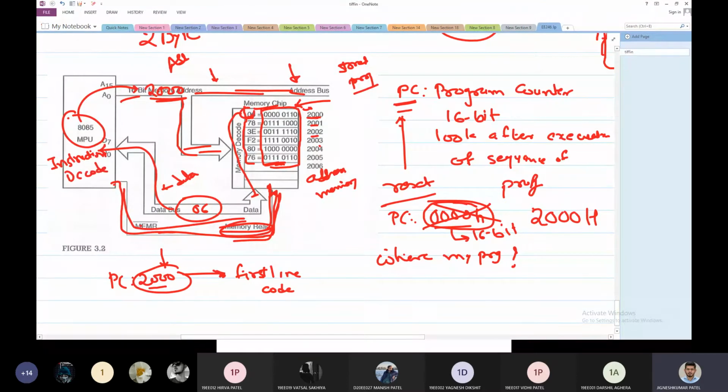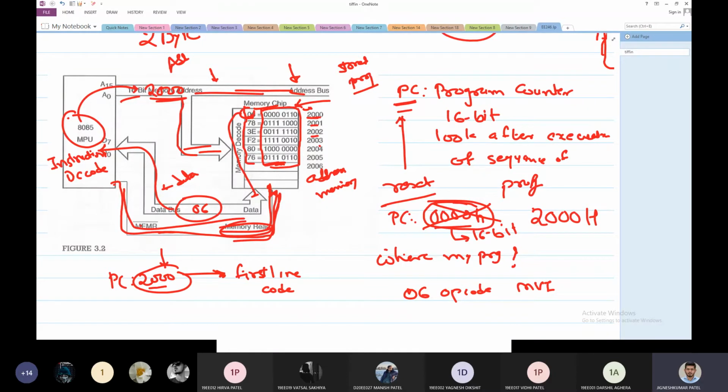Now the instruction decoder register knows what 06 means. So it knows 06 is the opcode for MVI. As soon as it comes to know that 06 is the code for MVI, it will again ask what the data is now.